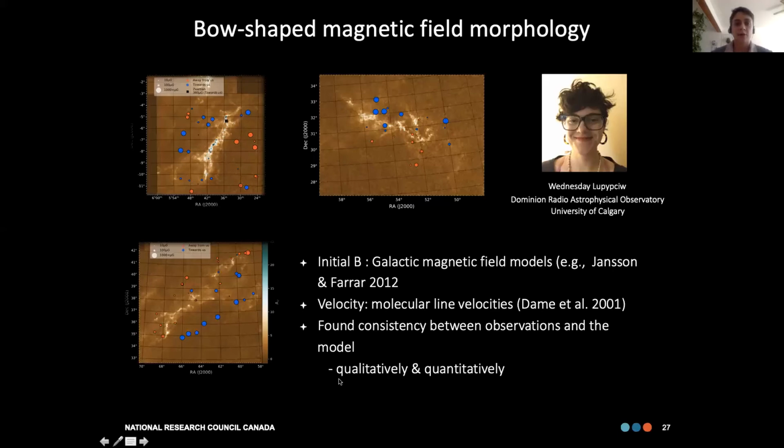We have investigated this in a qualitative approach and also in a quantitative approach, where we came up with correlation coefficients to find the likelihood of the bowl-shaped morphology in these regions. And interestingly enough, even though Perseus didn't show clear evidence of reversal initially, it seems to have the strongest likelihood of having a bowl-shaped morphology.